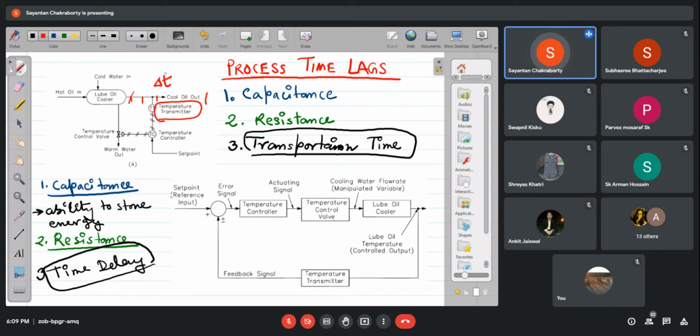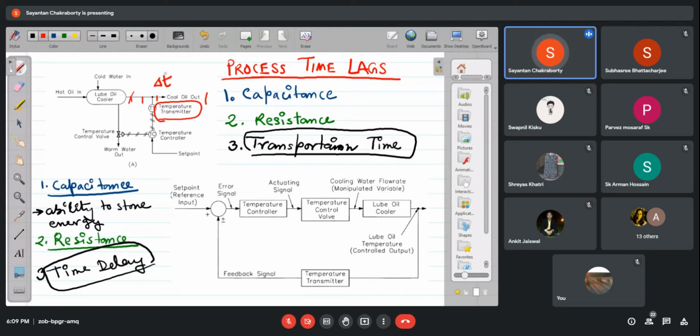But it cannot essentially make it zero. Okay, there will be some distance. So it will be the physical distance or the physical time delay in a process that you encounter in a physical system, because you cannot put these sensors in any position.